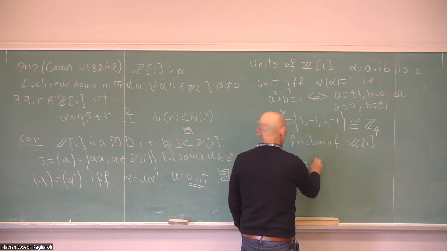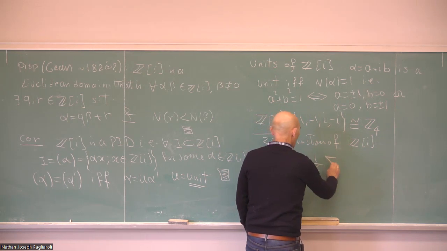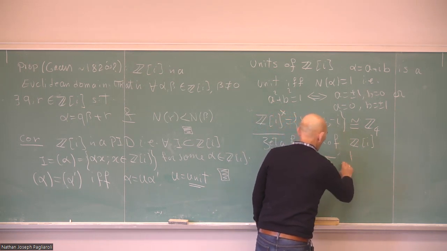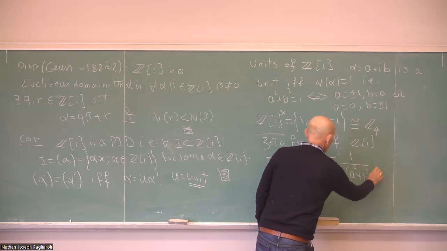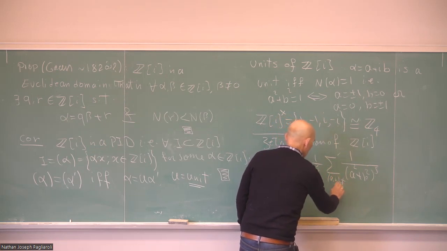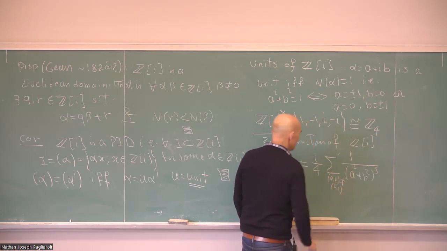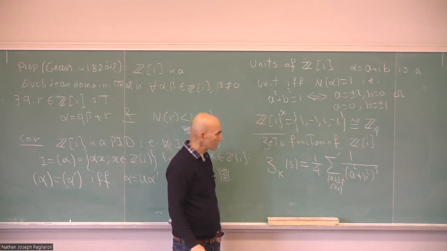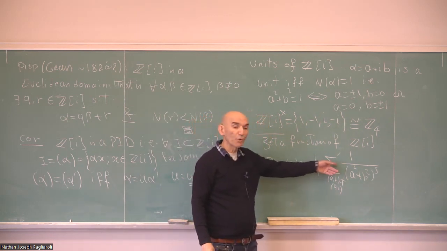So that's equal to 1/4 of the sum of 1 over (a^2 plus b^2) to the power s, where the pair (a, b) should be different from the pair (0, 0). I put a prime here.